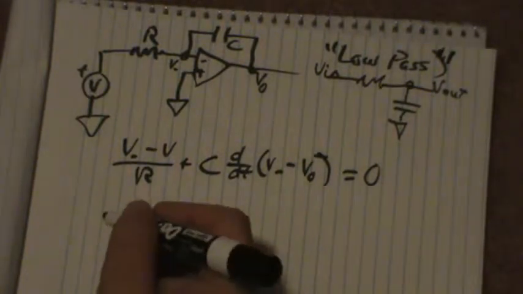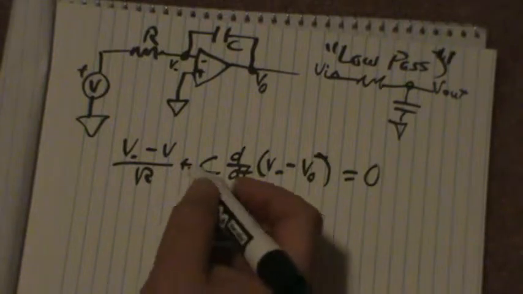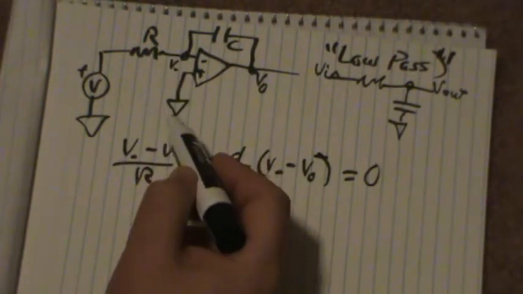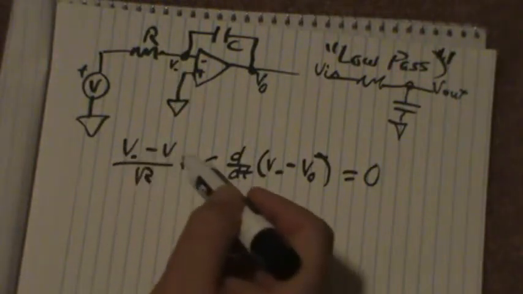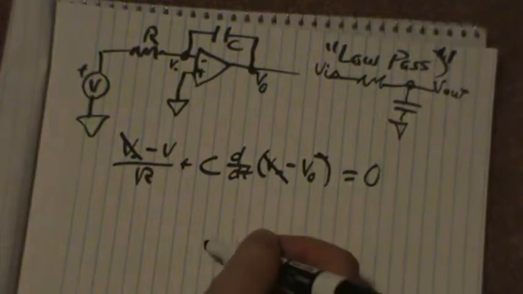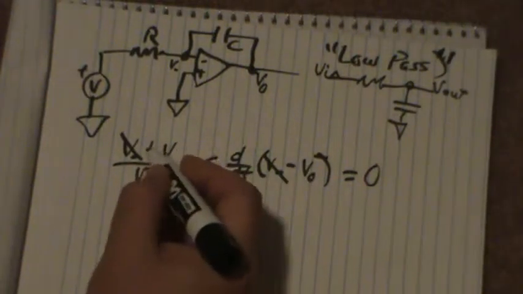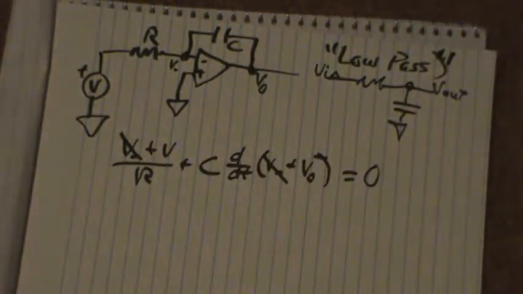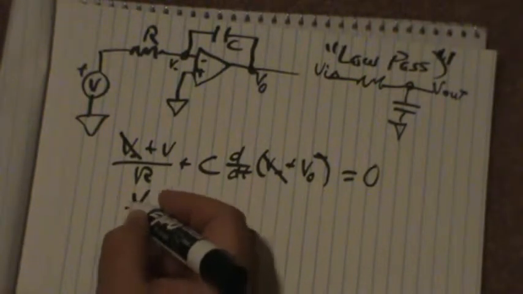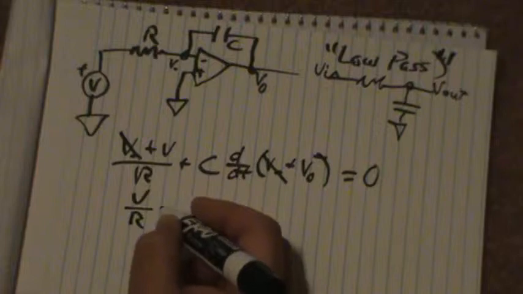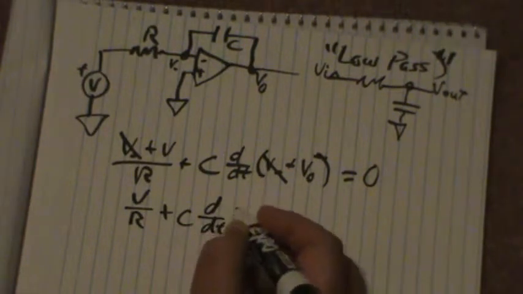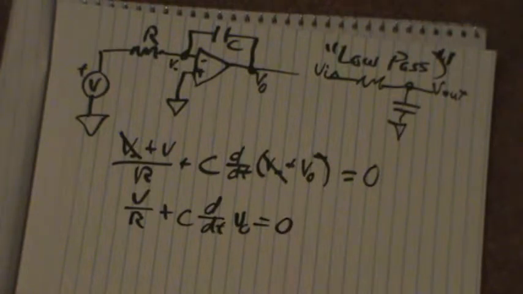Alright, that's wonderful, and we say great. We can now note the fact that V minus has to be equal to V plus, and V plus is ground. So therefore, these terms right here will go away. I've got a minus on both of these, so I can just distribute through, and I end up with the simplified formula that my input voltage V over R plus C times d/dt of the output has to equal 0.